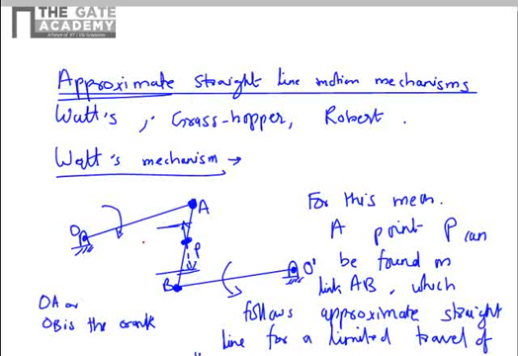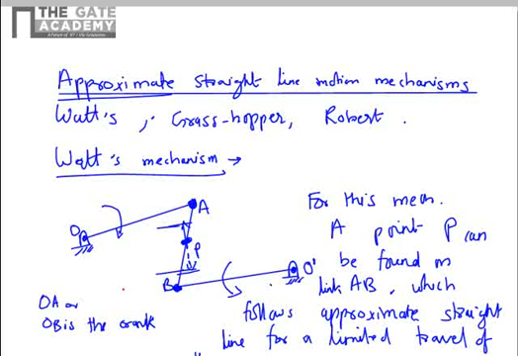So in the Watt's mechanism, we don't have any special condition that the length of any link should be equal, like OA should be equal to OB or something like that. We don't have any such condition. It's a generic mechanism where you have two cranks and they are connected by a coupler, and the motion of the coupler will be a straight line over some limited period. So it's a general property.